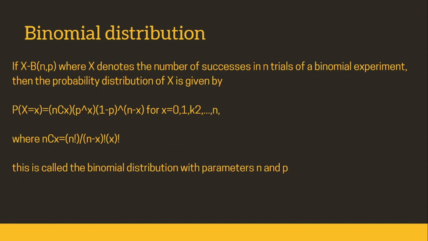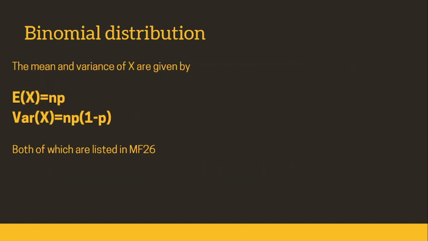So if X follows B(n, p), where X denotes the number of successes in n trials for a binomial experiment, then the probability distribution of X is given by P(X = x) = n choose x times p^x times (1 - p)^(n - x), where n choose x is just n factorial over (n - x) factorial times x factorial. All this can be found in your MF26 as well, and this is called a binomial distribution with parameters n and p.